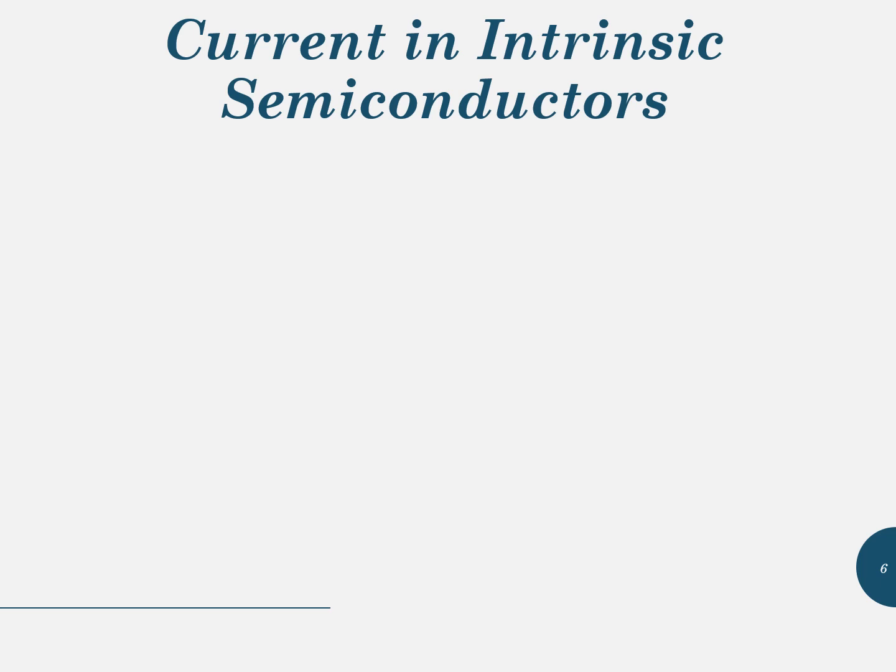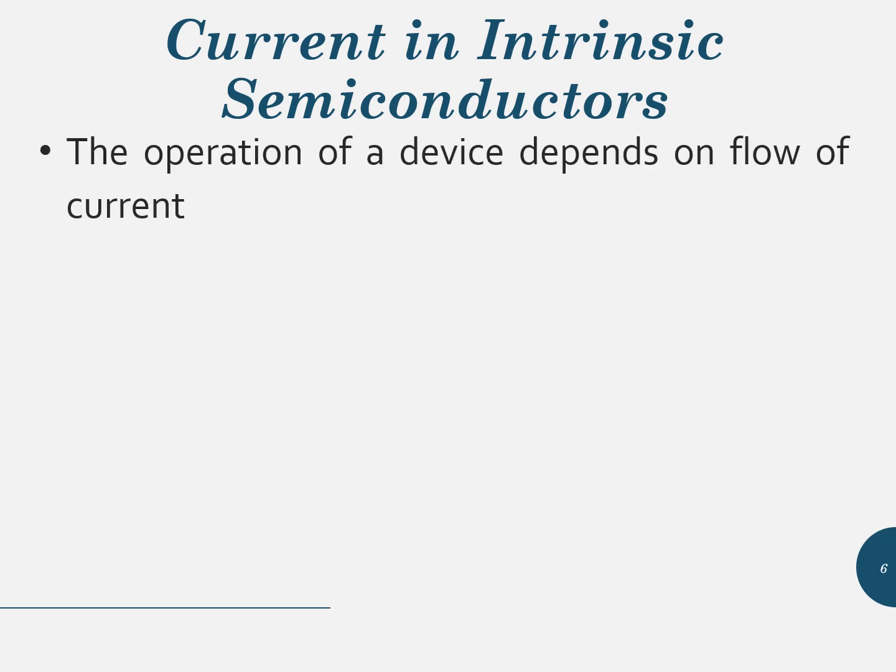Now we will understand current in intrinsic semiconductors. The way a material conducts electrical current is important in understanding how electronic devices operate. You can't really understand the operation of a device such as a diode or transistor without knowing something about current in semiconductors.